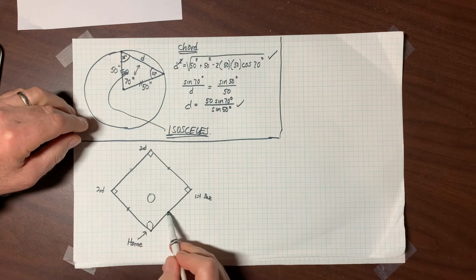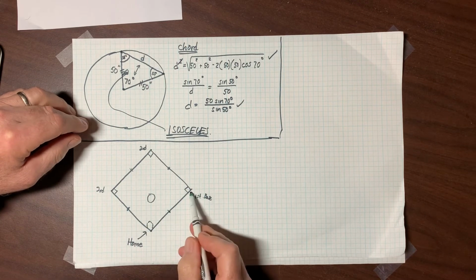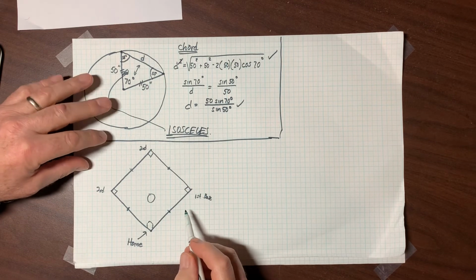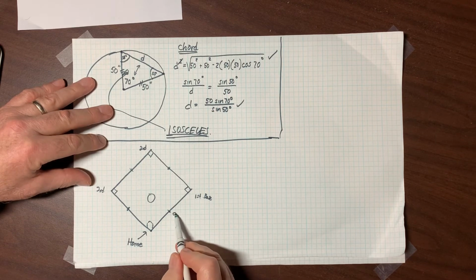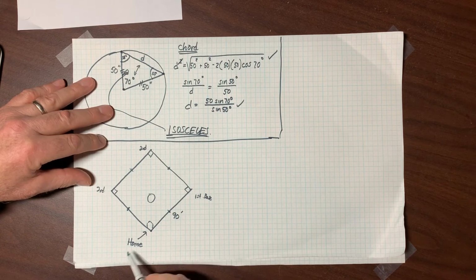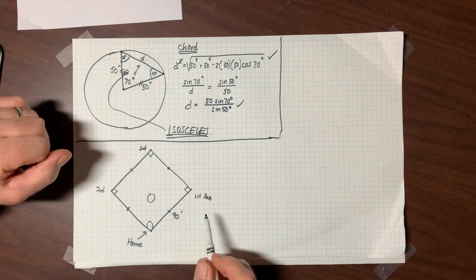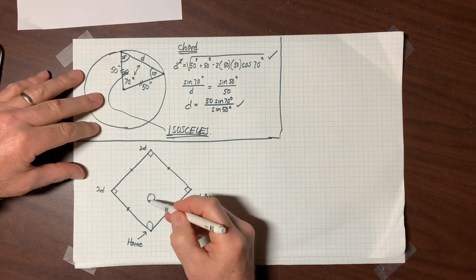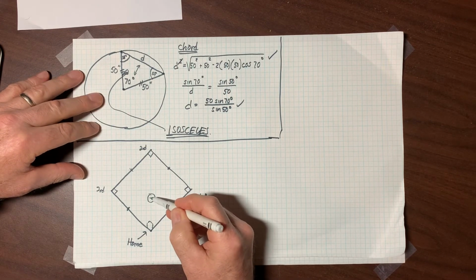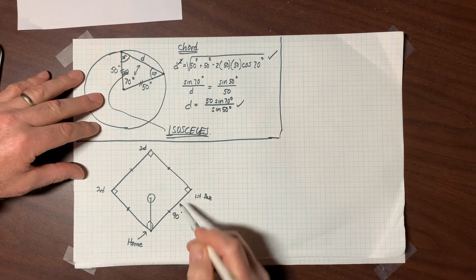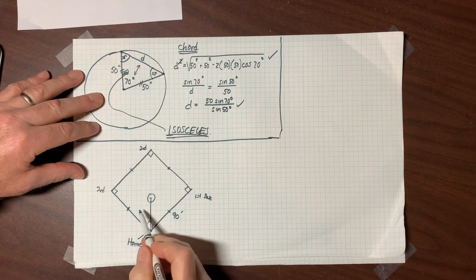And in fact, the base path is 90 feet all the way around. And the distance from the pitcher's mound to home plate is 60.5 feet.